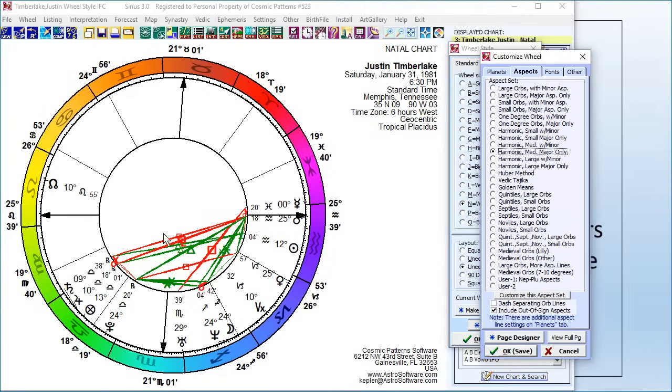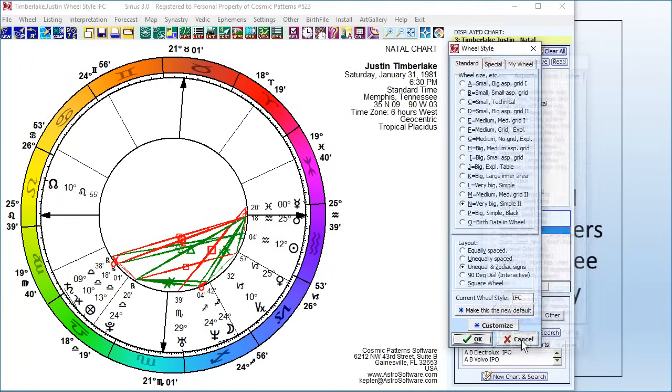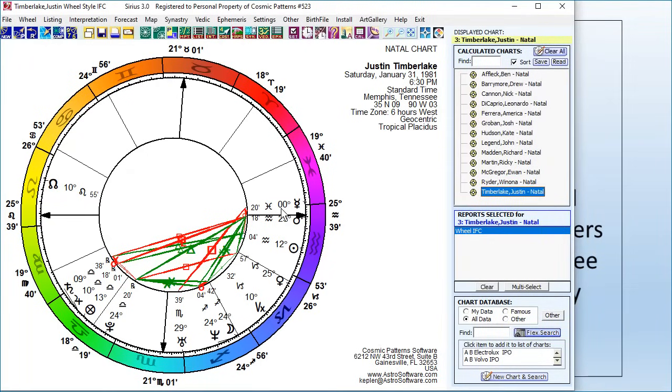It has the aspect lines with varying thickness, and you can customize any aspect set to do that. We'll learn all about that under this customize this aspect set. But I just want to mention that in case you don't see the thick lines. And if you're not able to get the thick lines with whatever software you currently have, then you just have to look carefully at each planet to see.